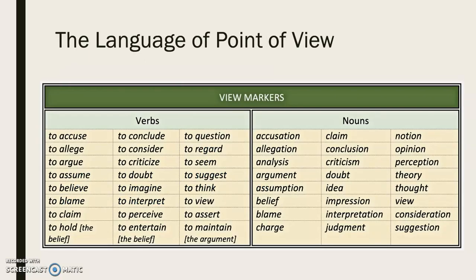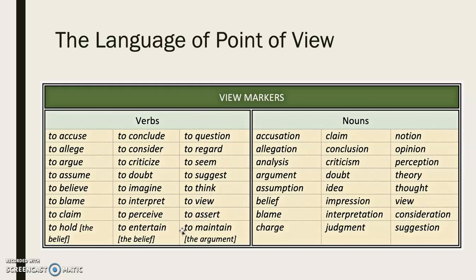Here are some view markers. These are words that you can identify in a text that show that a view is going to be given. So here are verbs such as to accuse, to allege, to argue, to assume, to think, to view, to assert.